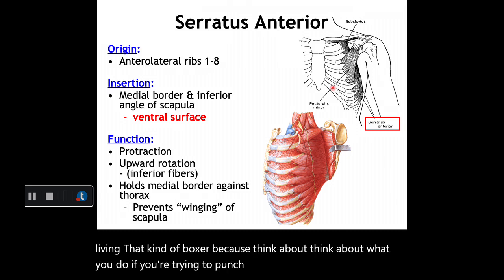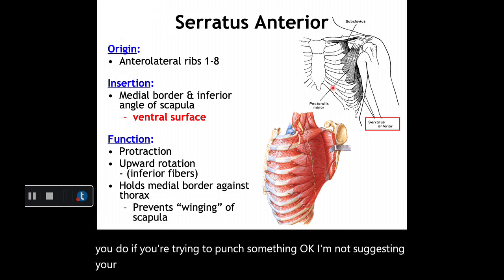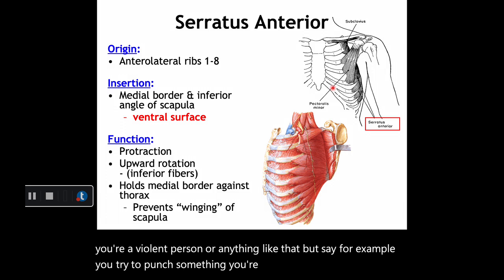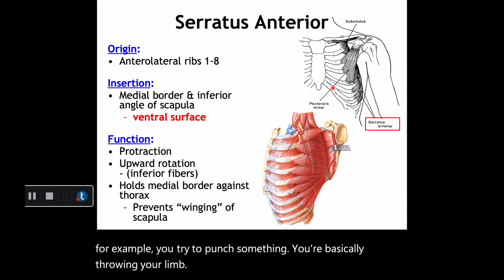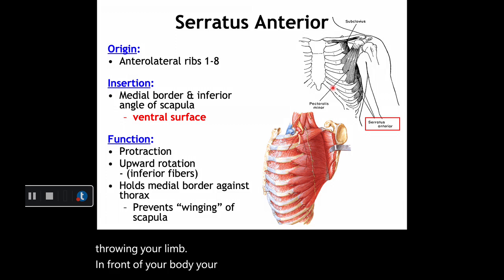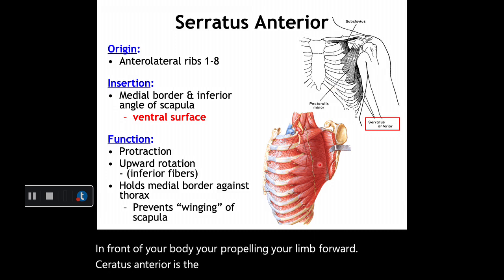You're basically throwing your limb in front of your body, propelling your limb forward. Well, serratus anterior is the muscle that does that. It produces protraction of the scapula.